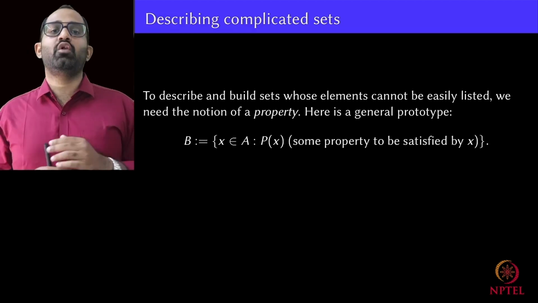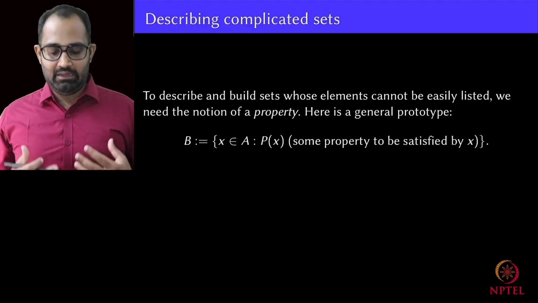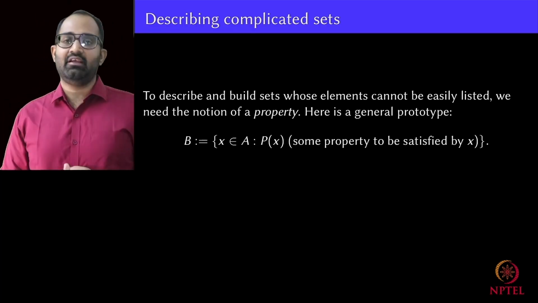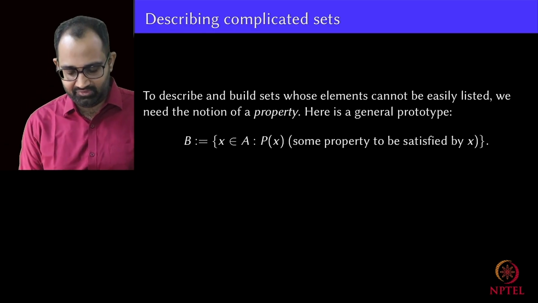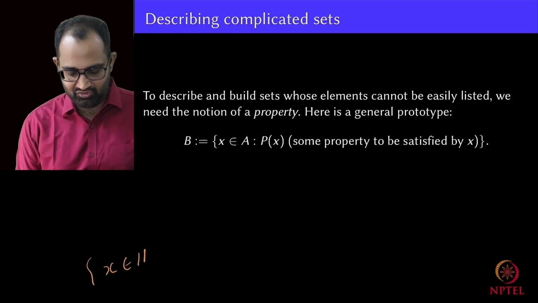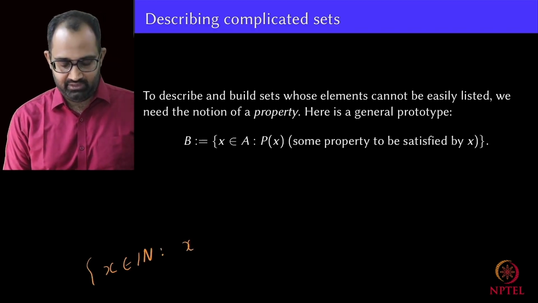In the next video on basic logic, we will see what properties are, and at that point this will become clear. But you have definitely seen such things. For instance, you must have seen something like x in the natural numbers such that x equals 2m, m also in the natural numbers.